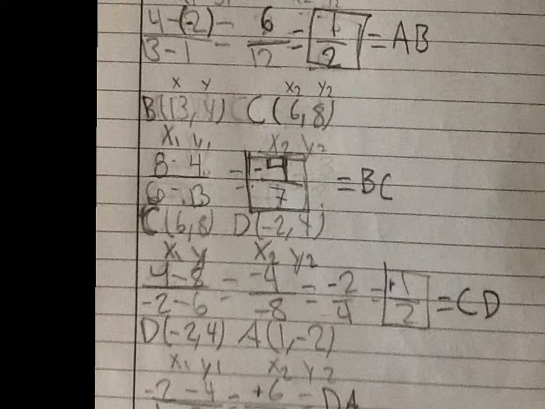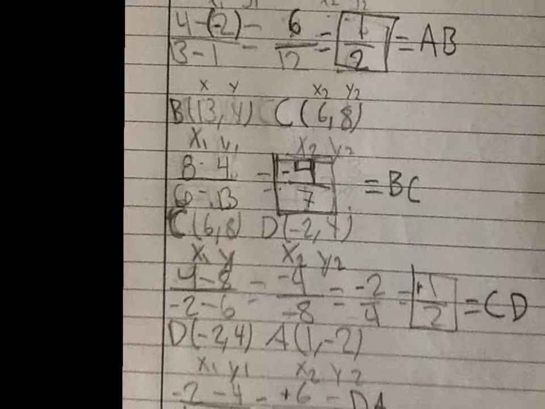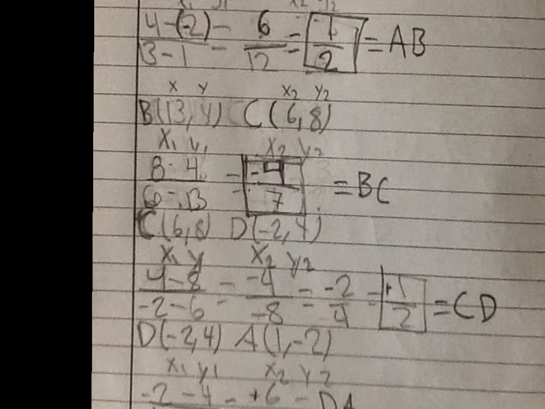Then the bottom, it goes 6 minus 13. And so you have to subtract the top one. Oh shoot, top one. So that equals negative 4. And 13 minus 6, that equals 7. That's BC.